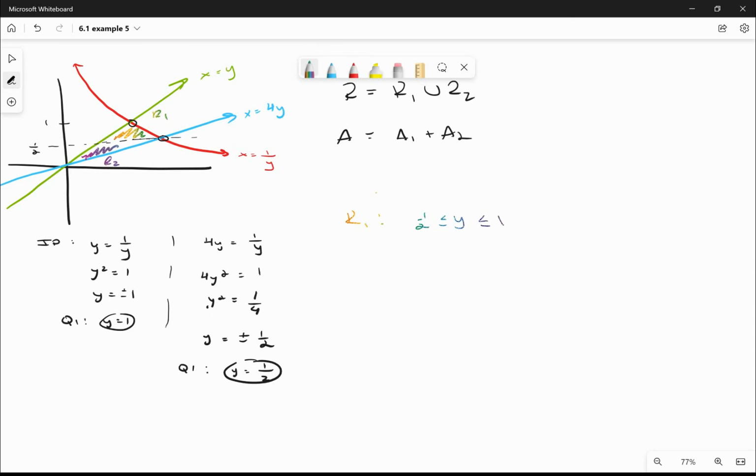And there, the right curve is the red curve, and the left curve is the green curve. So A1 is equal to the integral from 1/2 to 1 of 1 over y minus y dy.